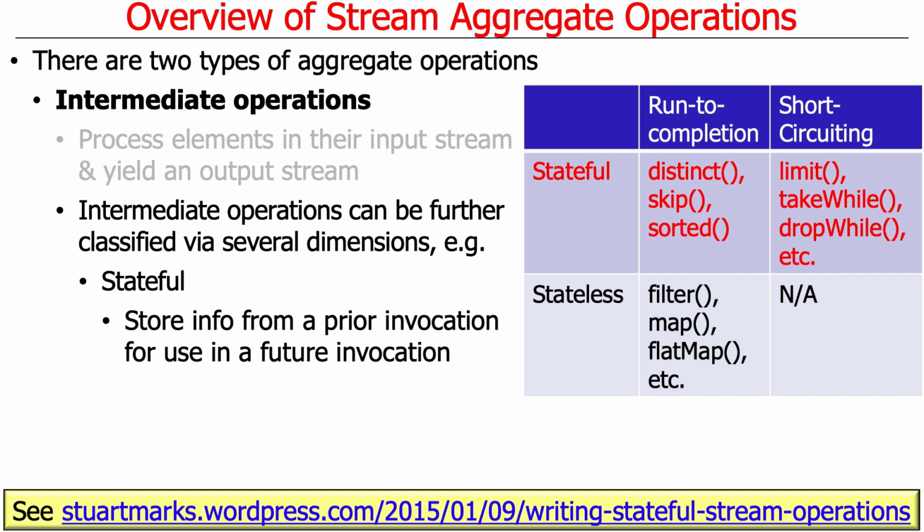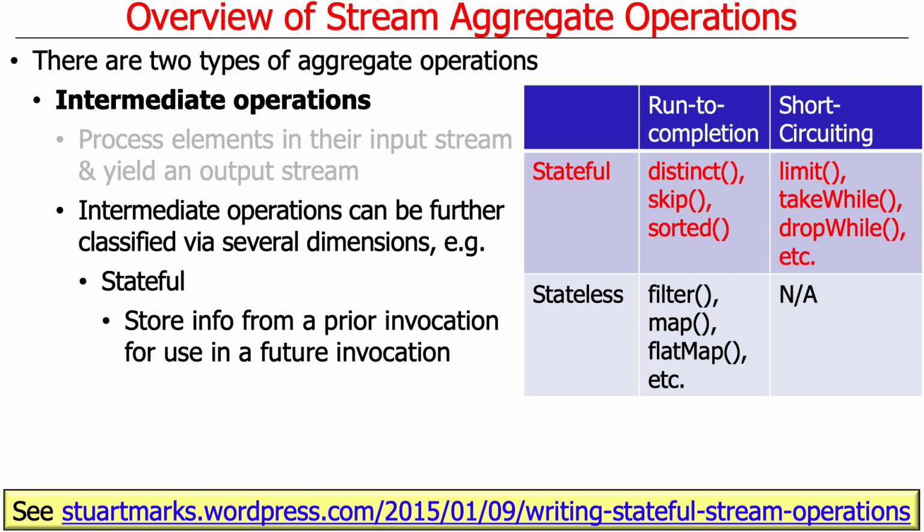So a good example, probably the best example, would be the sorted method. Obviously, if you're going to sort something, you have to have all the other input that has come in through the stream before you can sort it. It doesn't do any good to sort the items in isolation from each other, because they have to be sorted together. So that's one example.